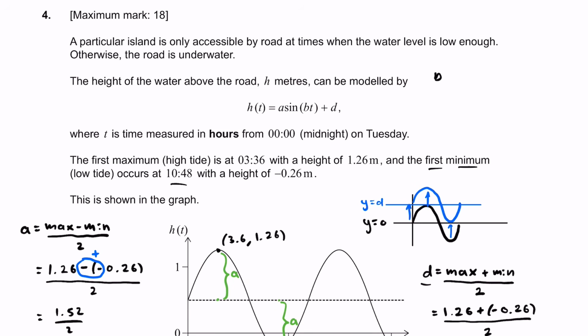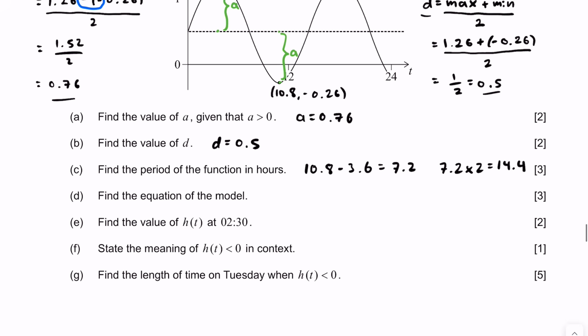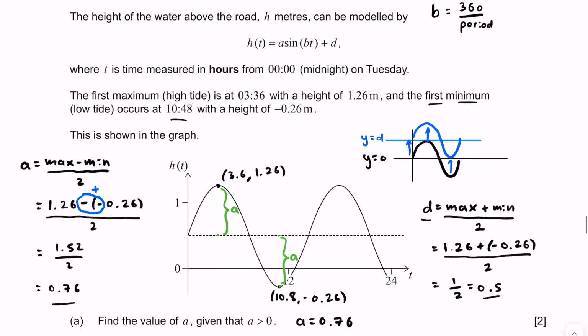B is equal to 360 divided by period. So once again, B refers to the frequency, how many complete waves you can fit within 360. Our period itself was 14.4.